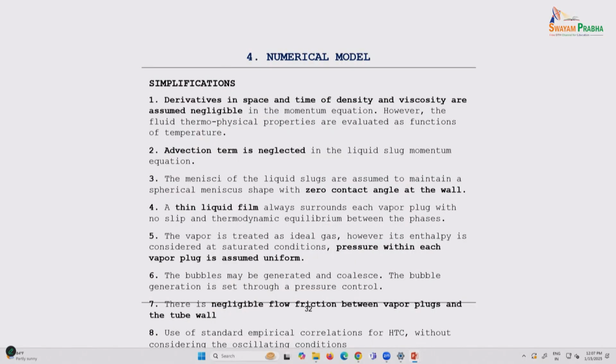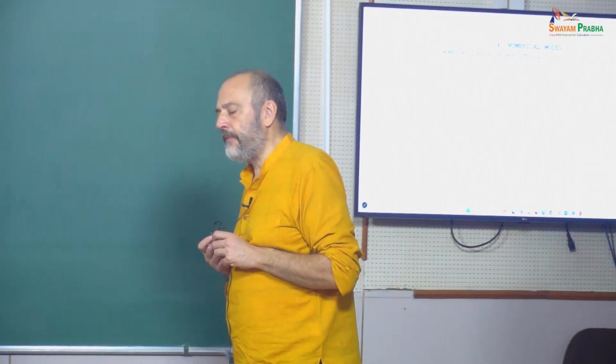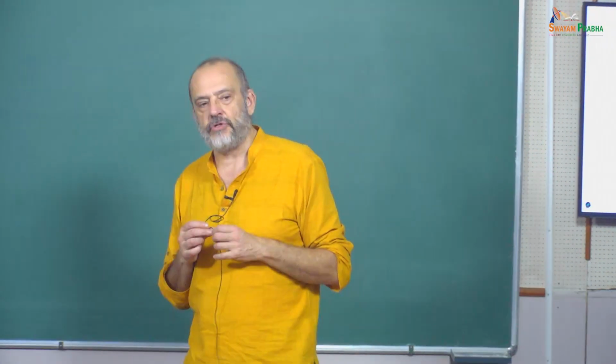Another point is that we need to rely on heat transfer coefficients, like Arvind was speaking about for evaporation, boiling, and condensation.